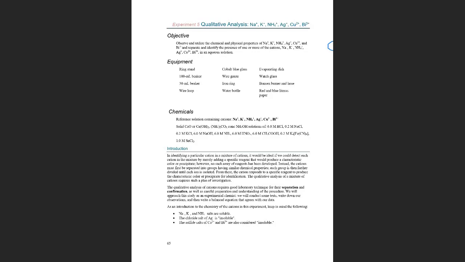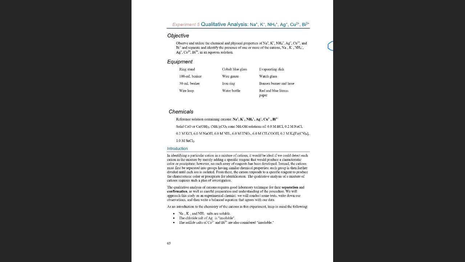What we do is we separate the ions that are similar in chemical properties, and then once we separate them in groups, we use individual chemical reactions to identify the substance.